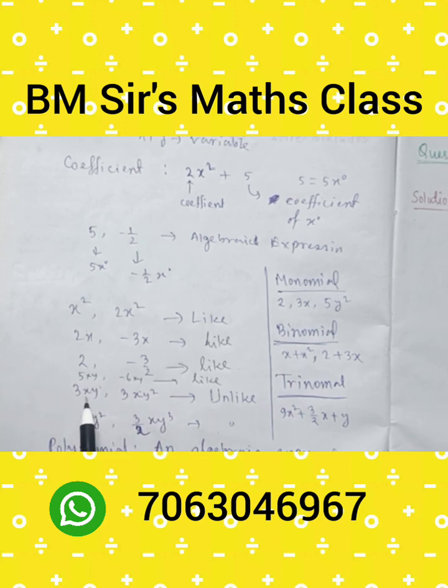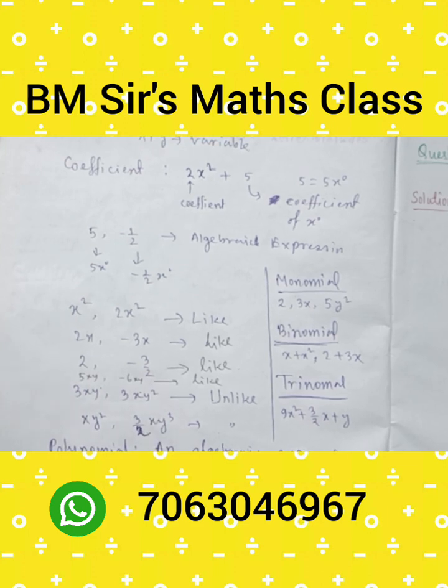But if we write 3xy square, both have the same variables x and y, but the index of x is 1 and 1, and the index of y is 1 here and 2 there, that means they are different, so these terms are unlike terms. So this is another example of unlike terms, xy square and 3 by 2 xy cube.